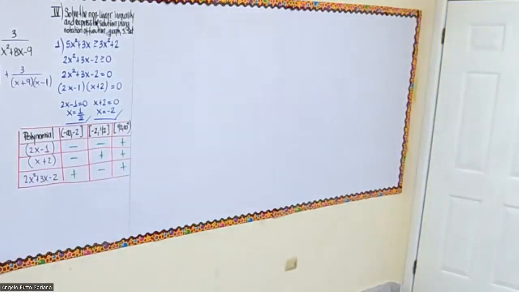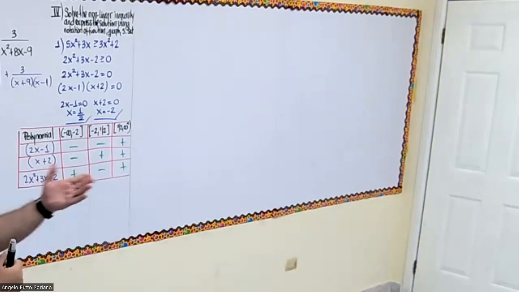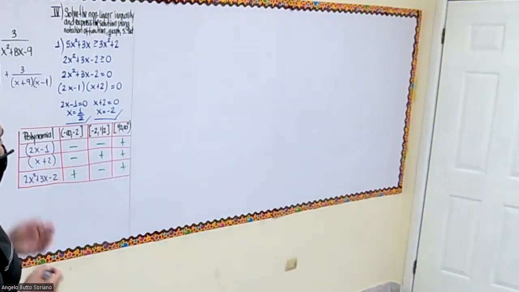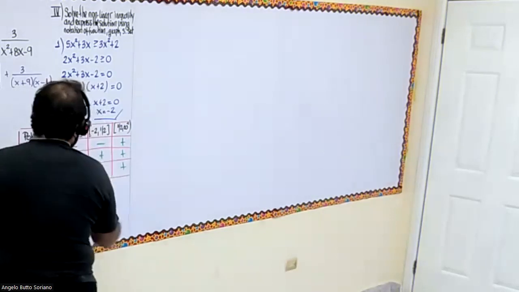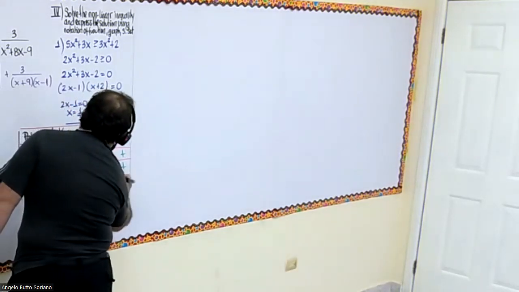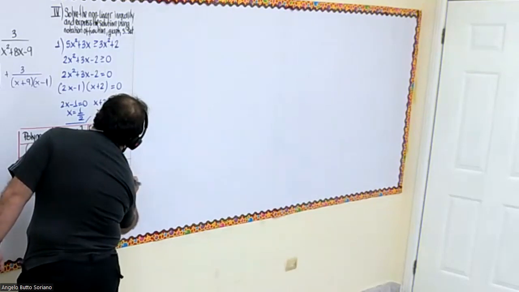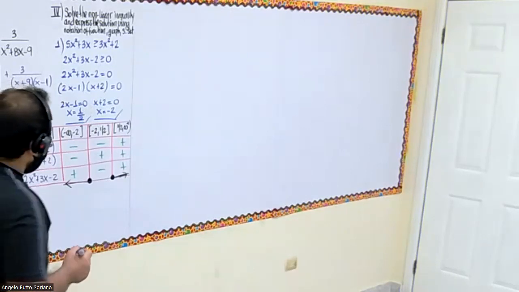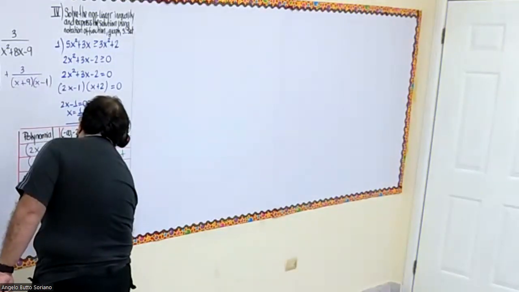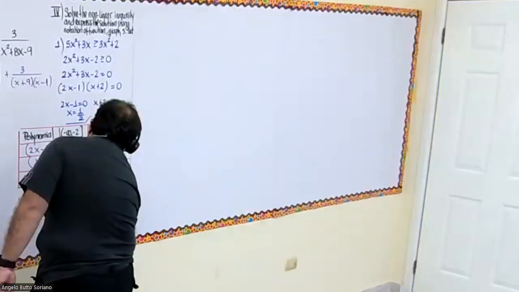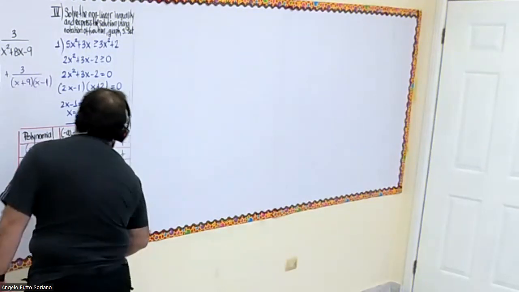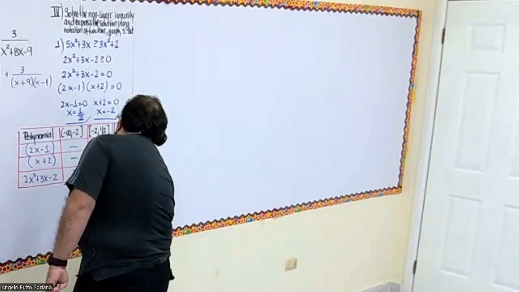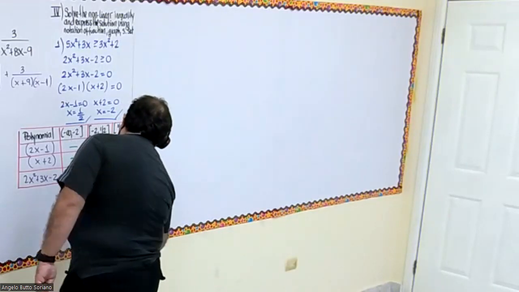Remember, because the problem says greater than or equal to 0, remember those values that are supposed to be positive. Okay, so draw the circle, fill in the circle, and the arrows will be located to the left and right side. So the solution set will be given by negative infinity, comma, negative 2, union, 1/2, comma, positive infinity.